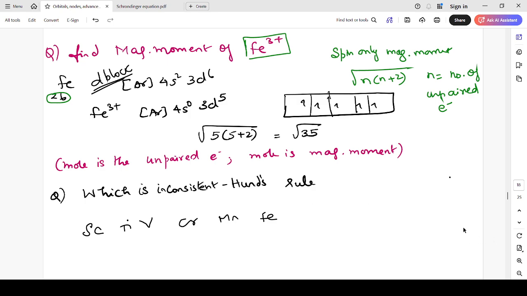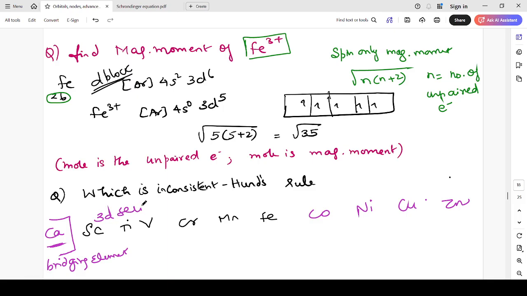You guys know it? Only a bit, ma'am. Cobalt, nickel, correct. Copper and zinc. From calcium we started. So calcium is called the bridging element here. From there only I start my first transition series. It is called the 3d series.